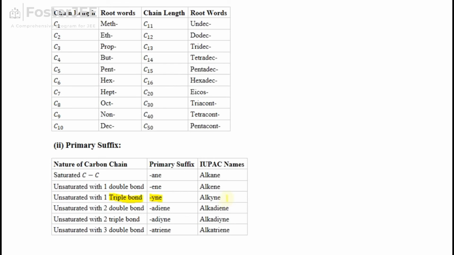methane is not possible as an alkyne, because methane has one carbon, so according to the general formula of alkyne, that is CnH2n minus 2, it would be C1H0, and here we can see that the valency of carbon is not satisfied, so it is not possible.